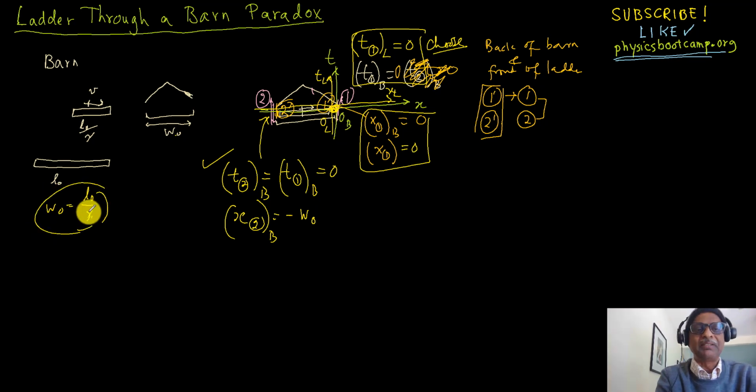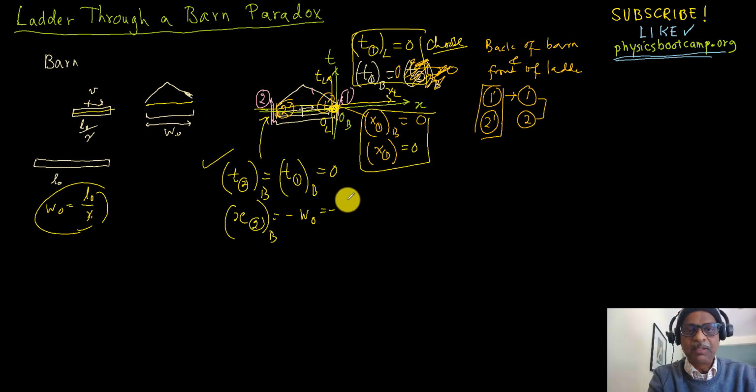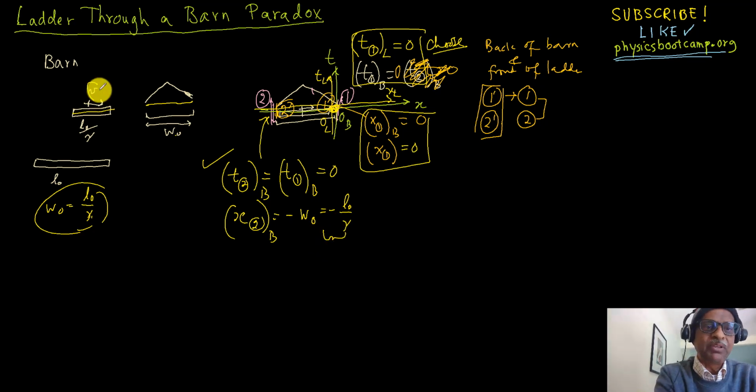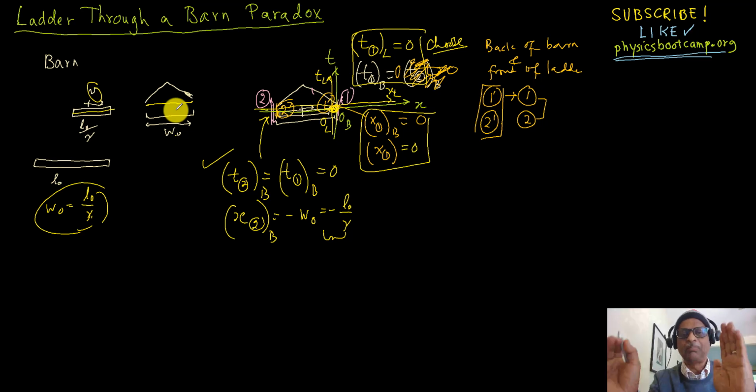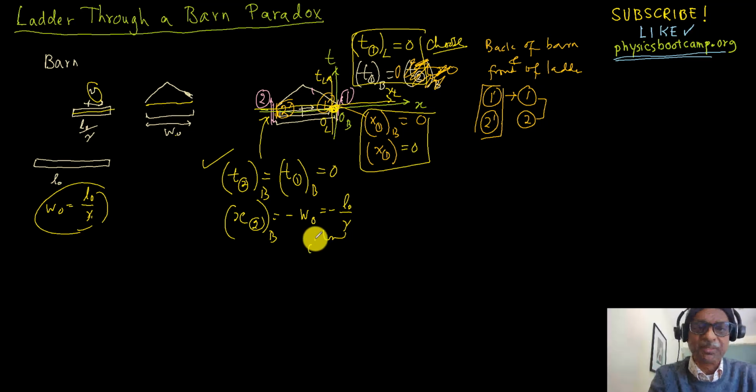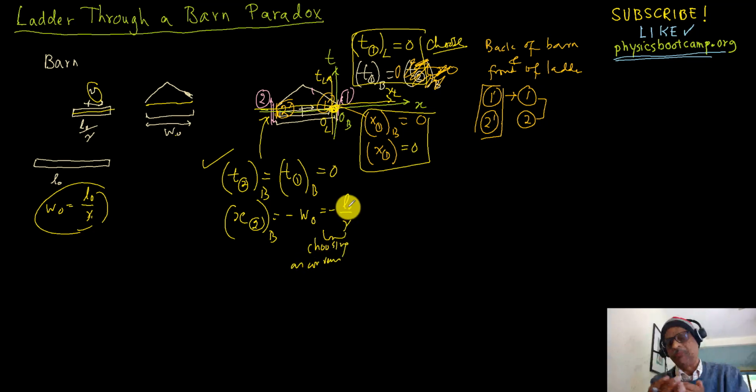Gamma can be bigger than that, but I'm going to choose a gamma such that it just fits. So there will be minus L0 over gamma. I'm choosing a V so that it just fits in the barn rest frame. I'm choosing this for convenience. If gamma is bigger than that, it will still fit. But I'm just going to choose that. So these are what I can do in the barn frame.